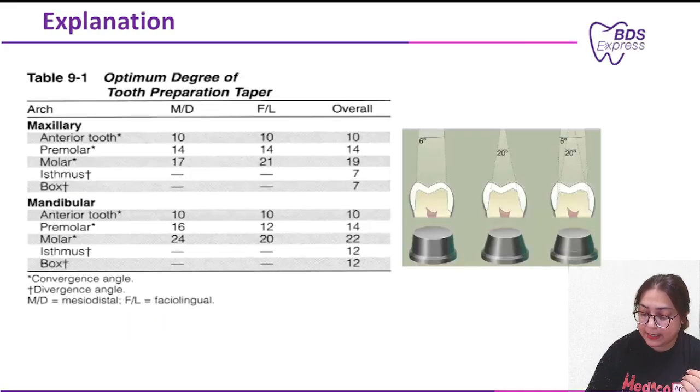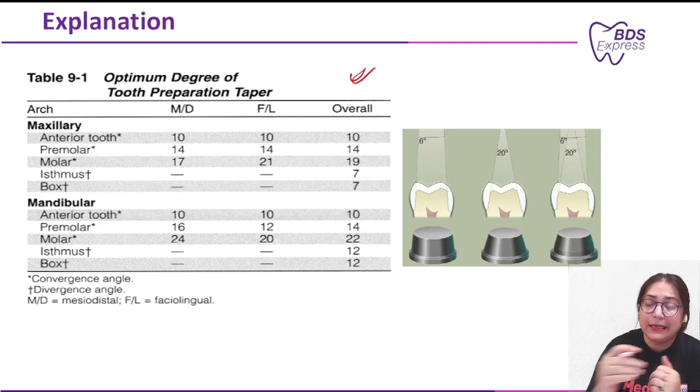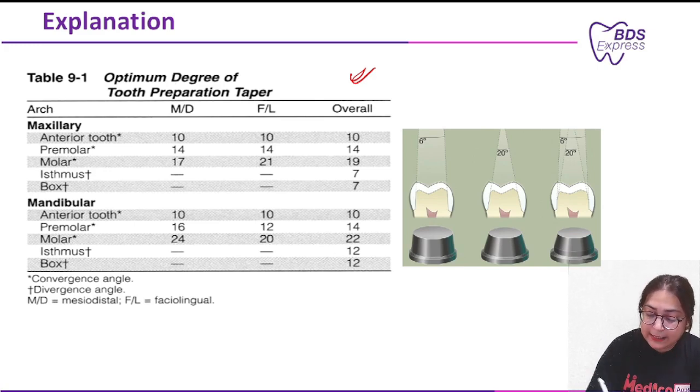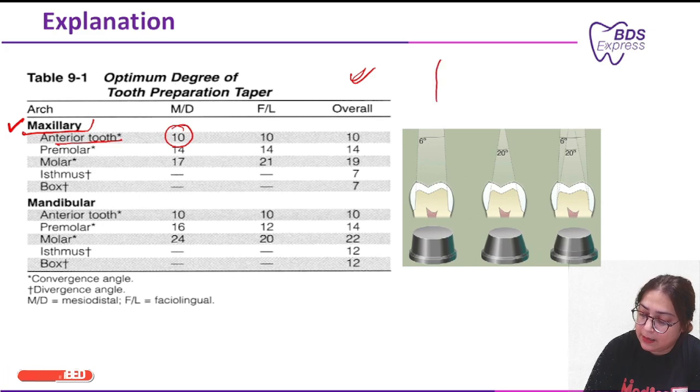Now I have pasted one image. I've taken this from an authentic source, and you can rely on these taper degrees. For maxillary, first we'll see the anterior tooth mesiodistally, for example the central incisor.